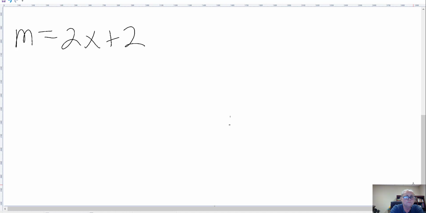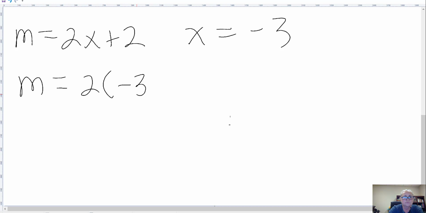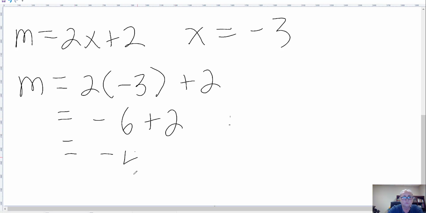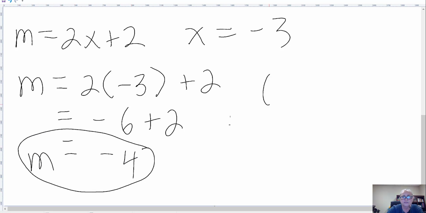We want to know the slope when x is -3. So our slope is 2 times -3 plus 2, is -6 plus 2, is -4. Okay? And our point is -3, 3.